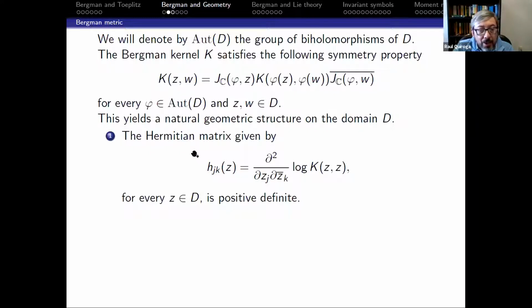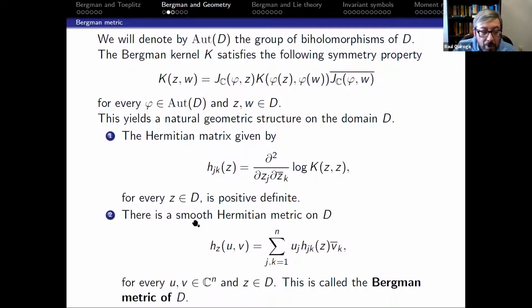How is that? You can consider a Hermitian matrix by taking the logarithm of K(z,z). This is a positive function, always. That can be proved. Compute the complex Hessian of that. It turns out to be a positive definite matrix for every z in D. So this positive definite Hermitian matrix gives you at every point a Hermitian inner product.